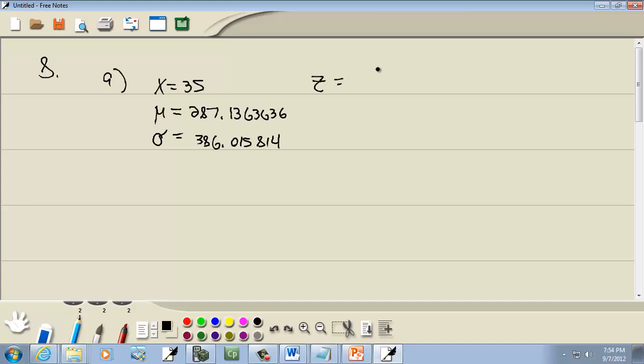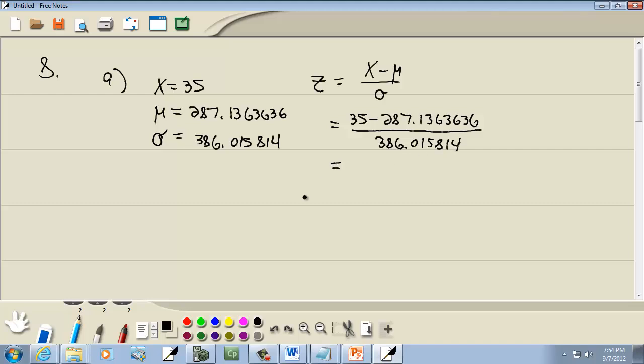Now our z-score is x minus mu over sigma. So if we plug in these values, we got 35 minus 287.1363636 over 386.015814. Now if I plug this in my calculator all at once, I'll need to put parentheses on top like that if I'm going to type all that in.